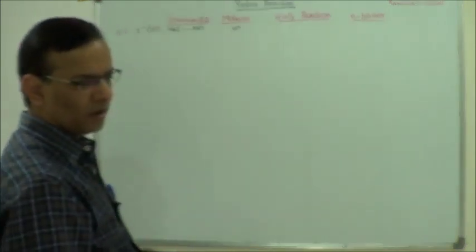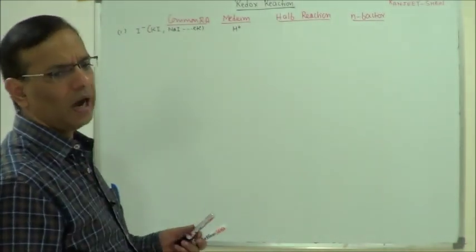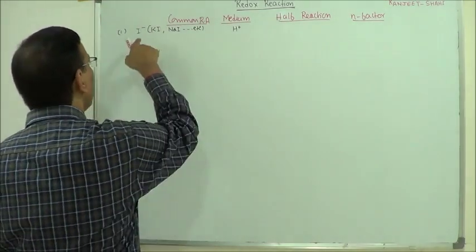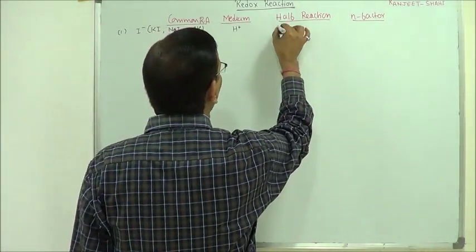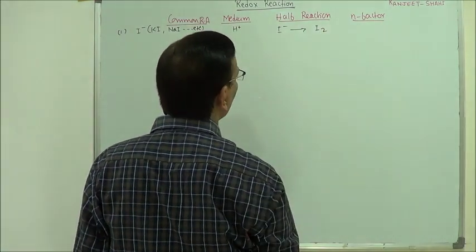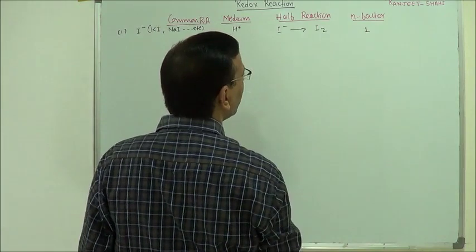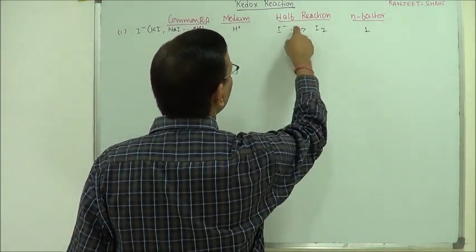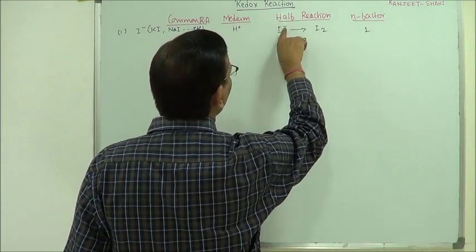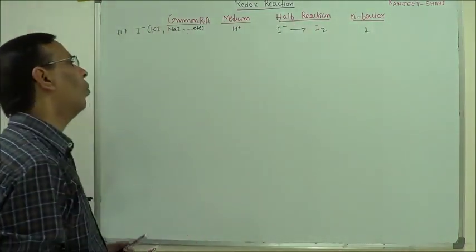Then only we can say with guarantee that iodine is going to be formed. So in acidic medium, iodide is converted to iodine. N factor here is 1. The reason being, for one iodide, the change in oxidation number is minus 1 to 0. So N factor is 1.